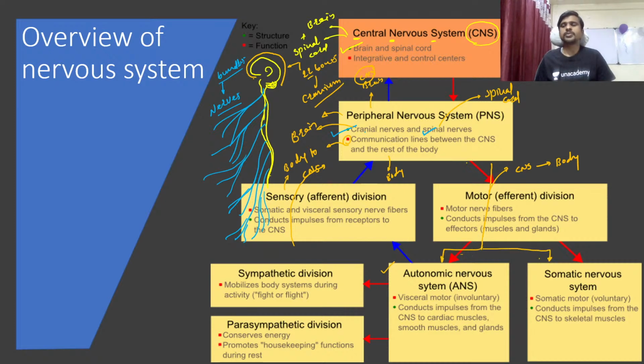Okay, so somatic nervous system is the system which is related to your somatic motors, means voluntary actions. Okay, so your skeletal muscles and other things are controlled by your motor divisions, or the PNS. Okay, so the PNS directly holds your voluntary movement, and also holds your autonomic nervous system.